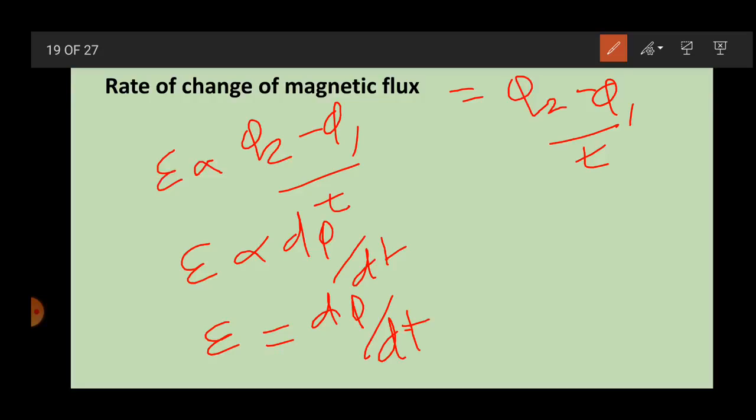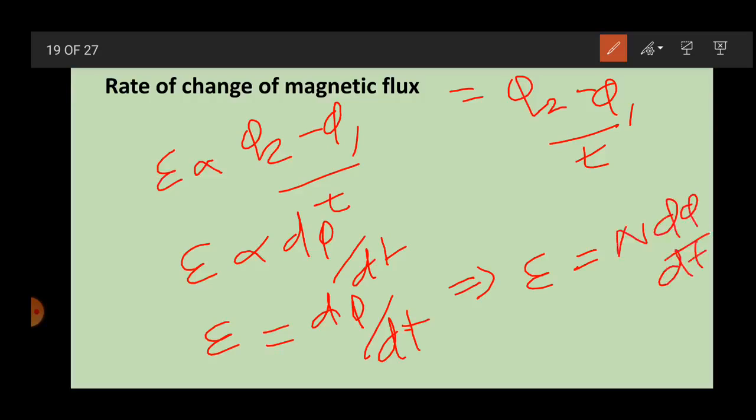Okay. Then, if a coil consists of N number of turns tightly wound such that each turn covers the same area, then the flux through each turn will be the same, and the total EMF induced in the coil is given by E is equal to N dφ by dt.